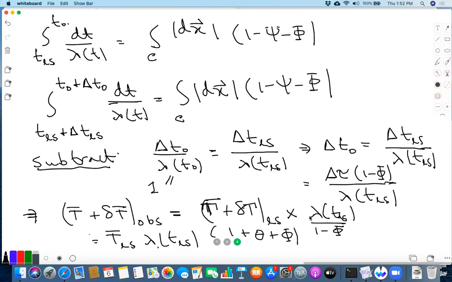Because T bar plus delta T at the last scattering, let me remind you, we had labeled as T bar times 1 plus theta. And 1 plus theta times 1 over 1 minus phi obviously gives 1 plus theta plus phi. Is this clear?